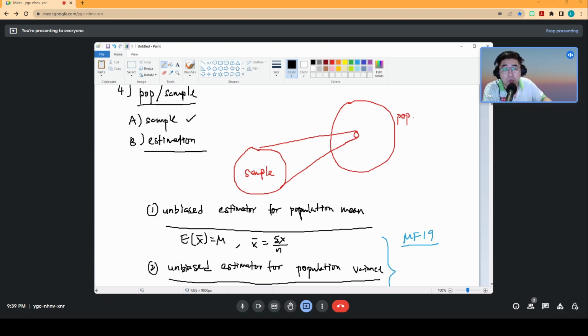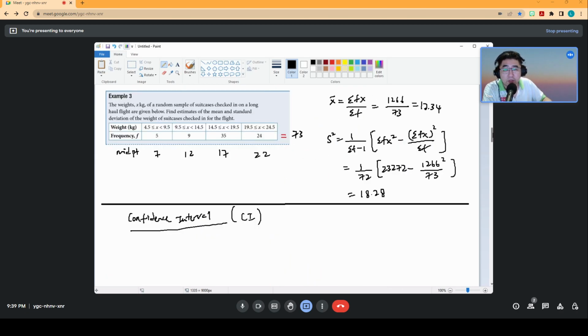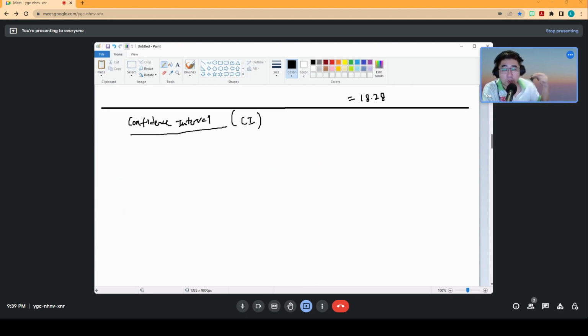So there is a certain variation of it, so we have to know how to deal with this calculation. There will be a few formulas that you are expected to know.